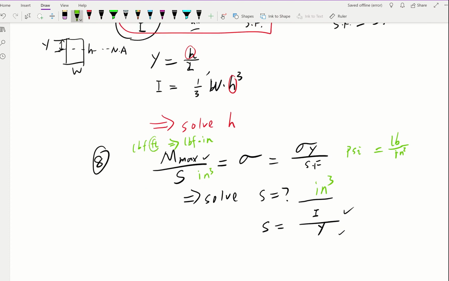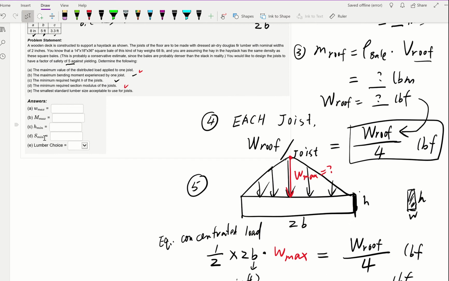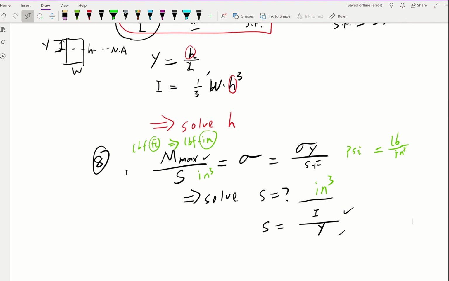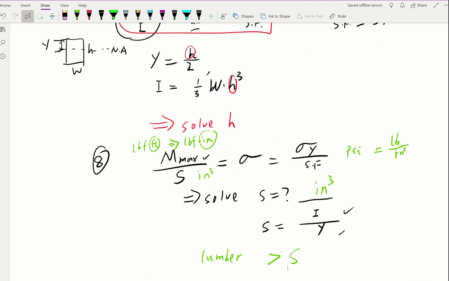Okay, so that will take care of our unit. So it looks like a foot to inch conversion is a must to solve this problem. All right, now you solve the section modulus. Then the rest is go ahead and look at the number choice, and I will leave it up to you, which means your lumber choice has to have a section modulus greater than this S you calculated, than this minimum section modulus you calculated, because that's a minimum.